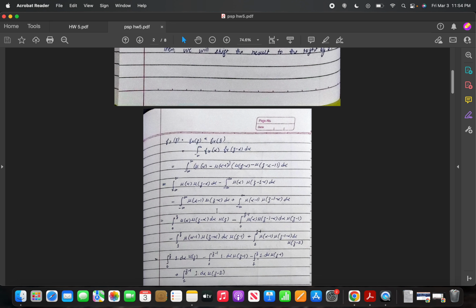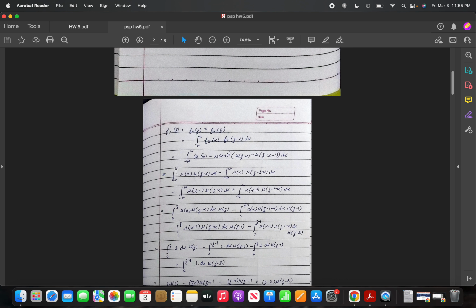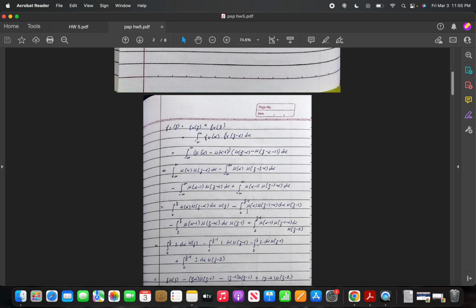the given integral. And so for the first term, we can see that since it is unit step of alpha times unit step of z minus alpha, the value of alpha can range from 0 to z, because for other values the integral will be equal to 0. Similarly, for the second term, the non-zero value will be from 0 to z minus 1, and so on for the other integrals.